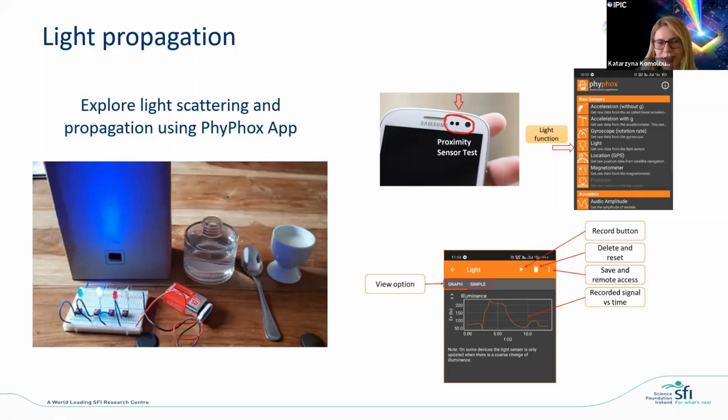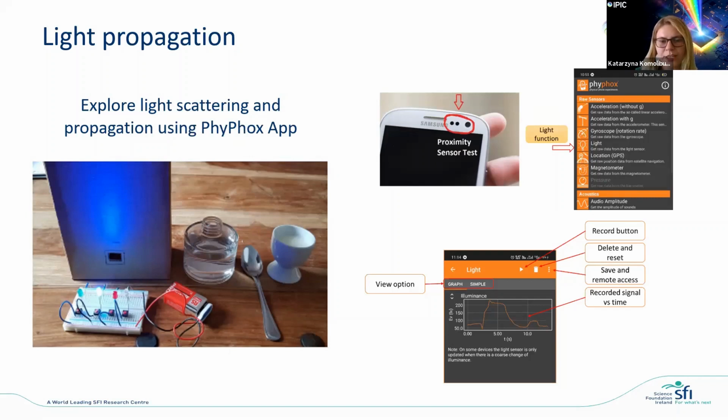What we will do is look at changes in the light intensity while passing through different solutions of water and milk, and try to quantify that and see how adding more milk into water will change the amount of light that we can see on the other side of the box. Maybe the last thing that I would like to mention here is that the LEDs are a little bit low power.